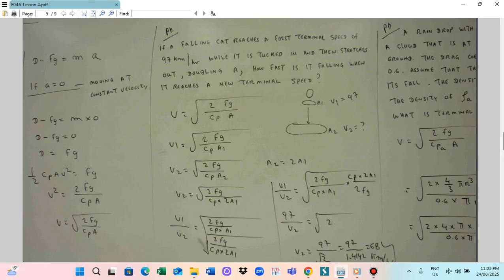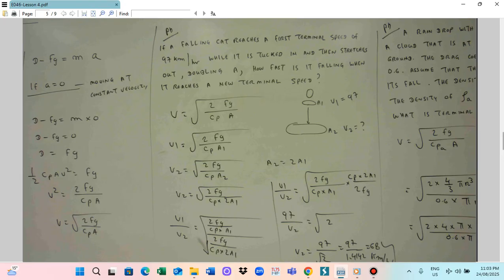So in this case, we get the V1 by V2 ratio. V1 originally is 97, and this is V2, which comes out as the square root of 2 times A. So V2 can be calculated.